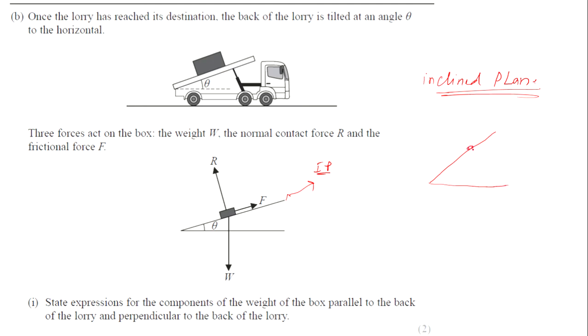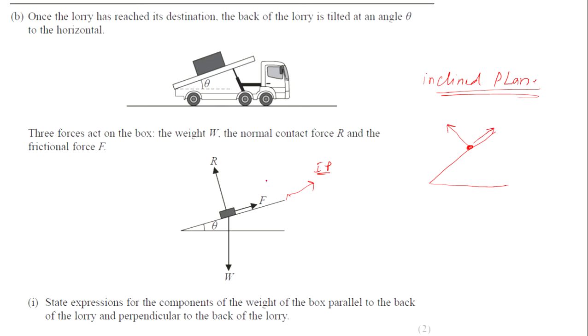So this is the particle, and this particle is experiencing three forces. One is R, and friction force, of course. No matter what, the box is going to slide down if theta keeps increasing. That means the friction should be acting in the upward direction.